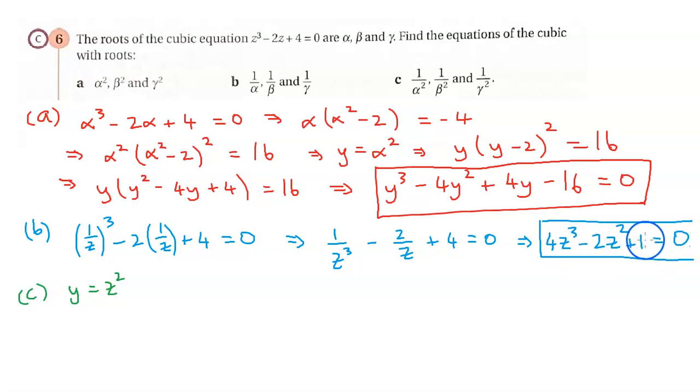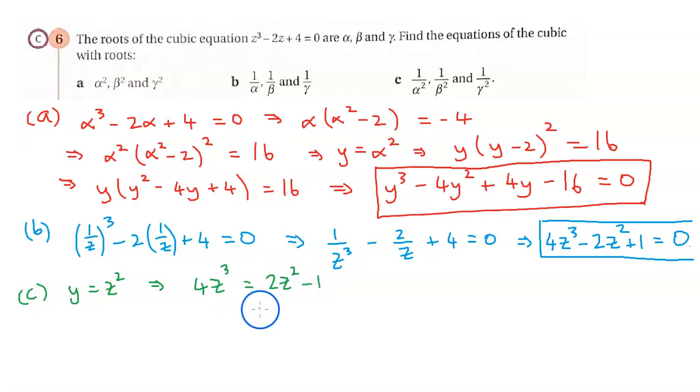There's 2 even powers. Remember, this is z to the power of 0, so that also counts as an even power. So we got 4z cubed equals 2z squared minus 1.